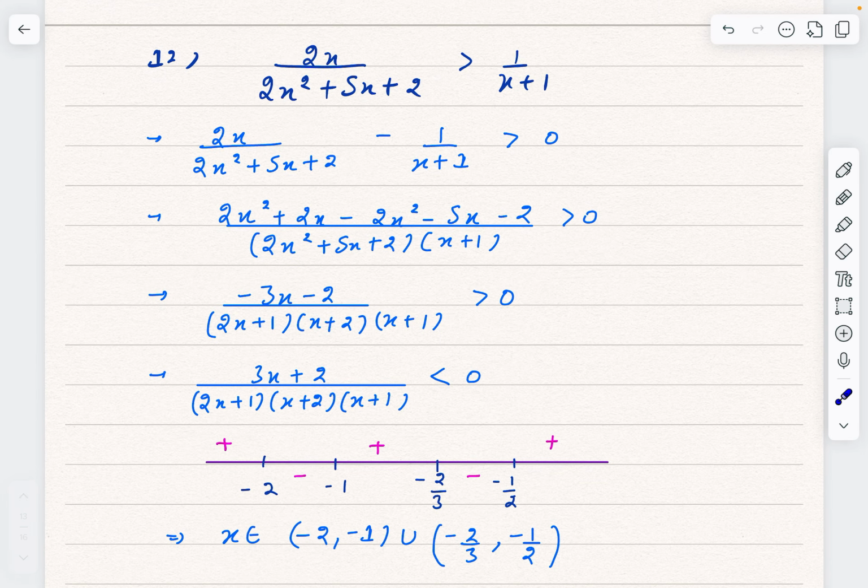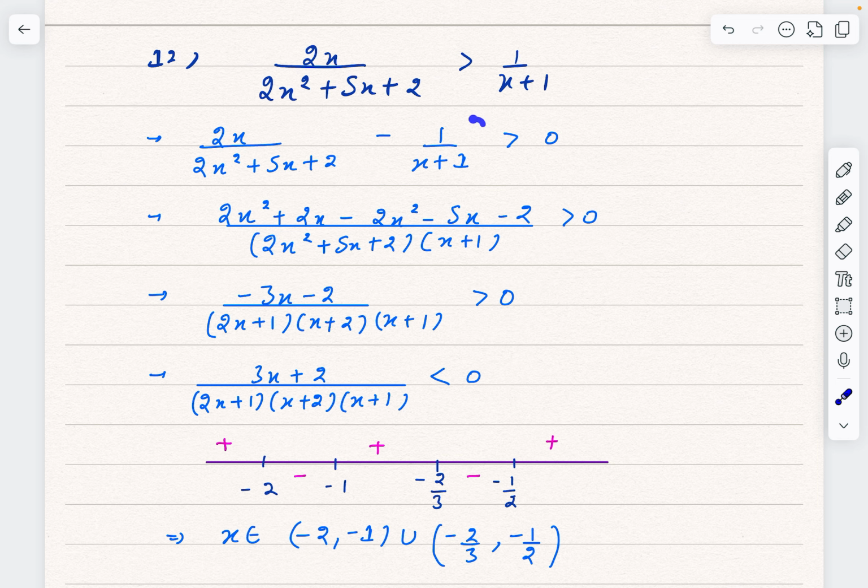In the next problem, we have fractions here. So rational functions, we can see them, but let us just not go into that. You can simply say we have 2x by (2x square plus 5x plus 2) greater than 1 by (x plus 1). And like we discussed, do not cross multiply. Bring everything to one side and take the LCM and solve.